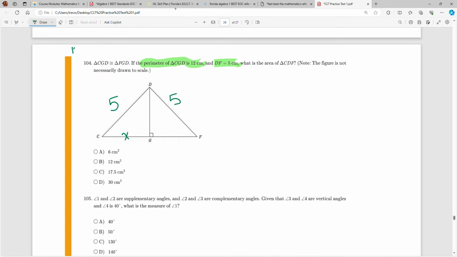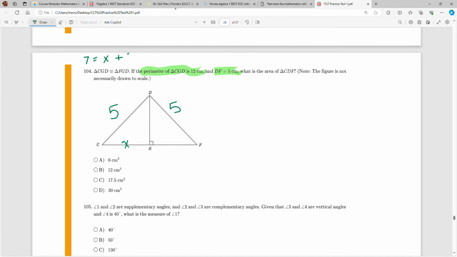So I know that 12 equals 5 plus x plus something. I can take 5 away from both sides. When I take away 5 here, this disappears. And 12 minus 5 is 7 equals x plus my other side is going to be 7 minus x.